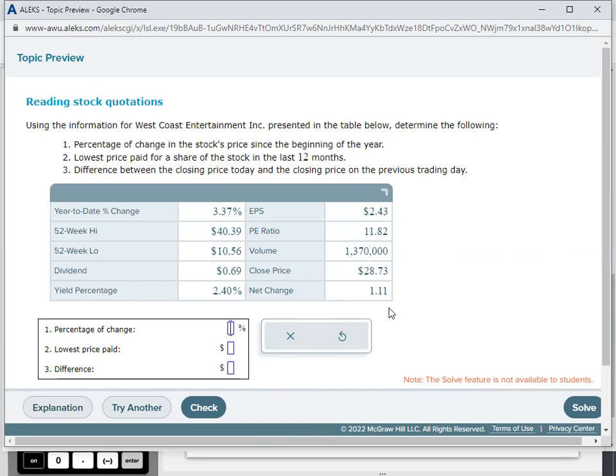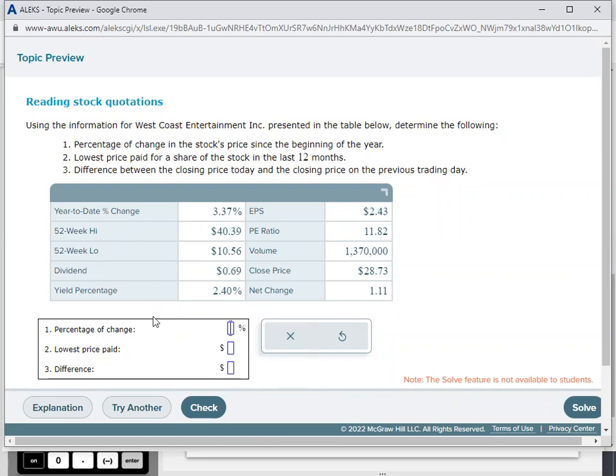So it went up $1.11 ultimately, if you only look at the closing price from yesterday and today. Now, during today, before it closed out $1.11 up, it might have fluctuated massively, or very possibly didn't fluctuate all that much. But there likely was some fluctuation there.